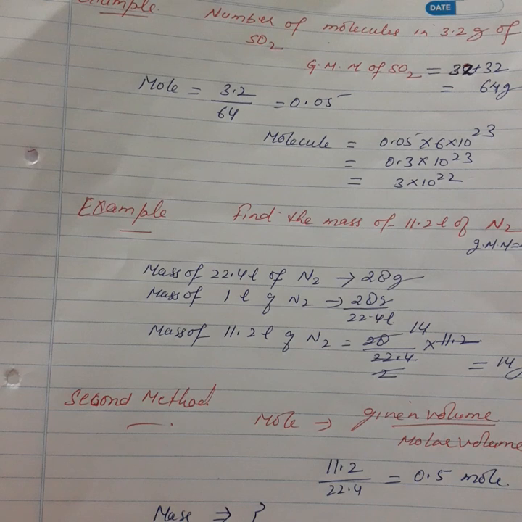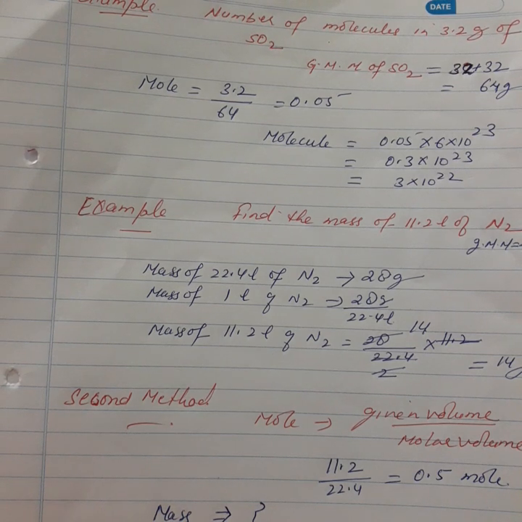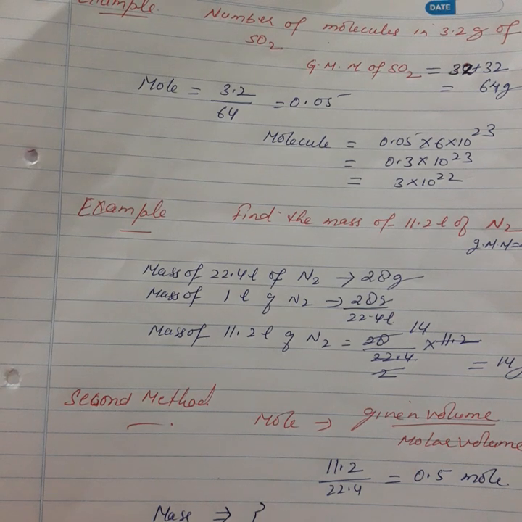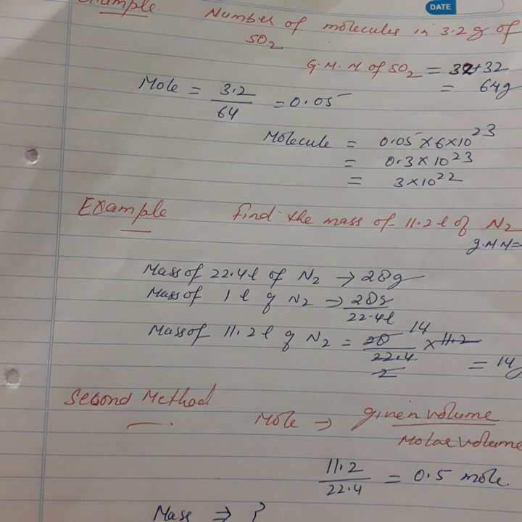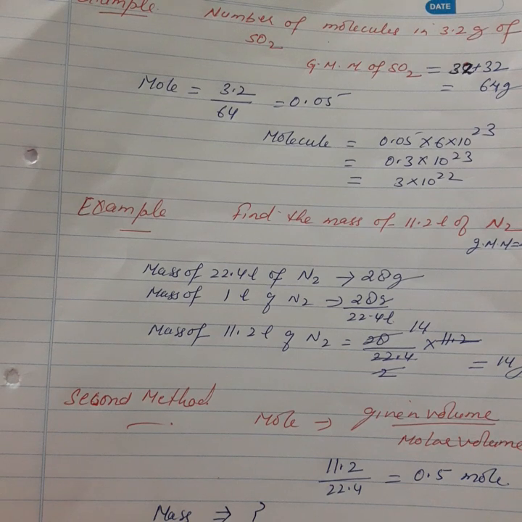Number of molecules in 3.2 gram of sulfur dioxide we are supposed to calculate. Okay, so we already know that number of molecules is equal to mole into Avogadro's number. So first calculate mole. What is the formula for mole? Given mass divided by molecular mass.